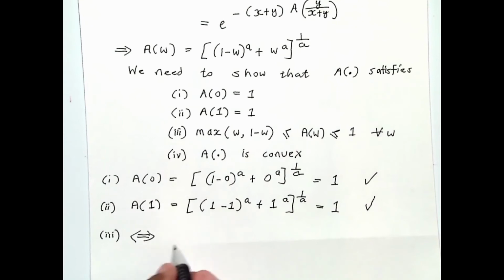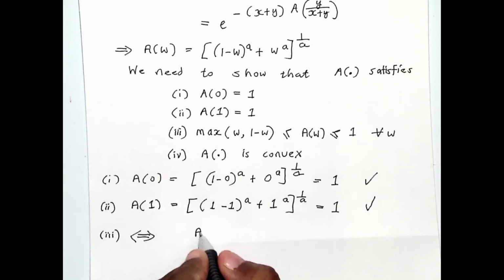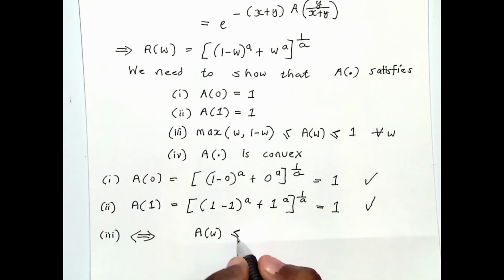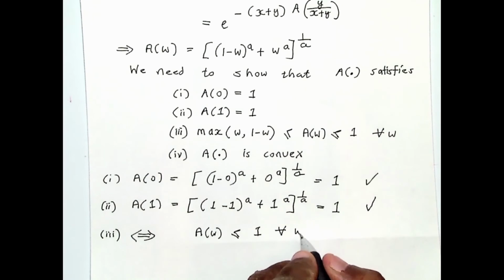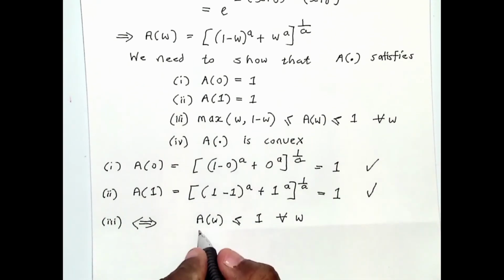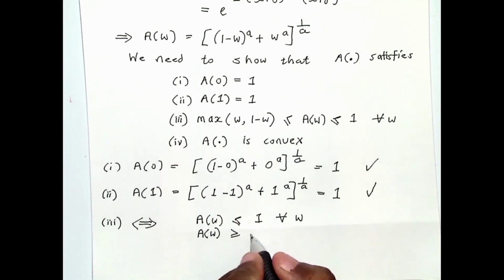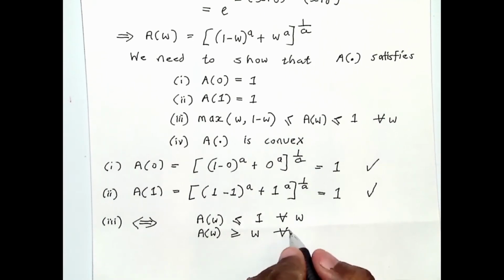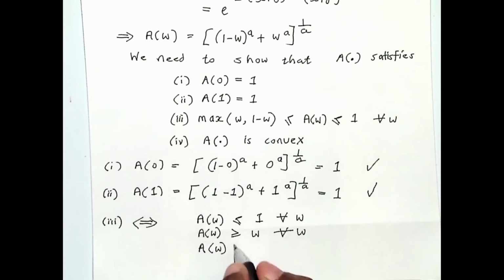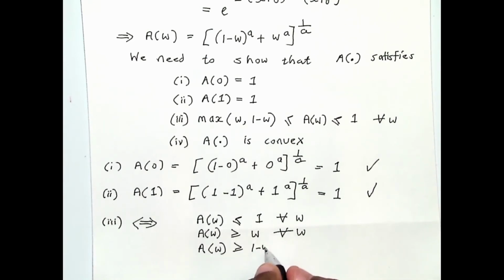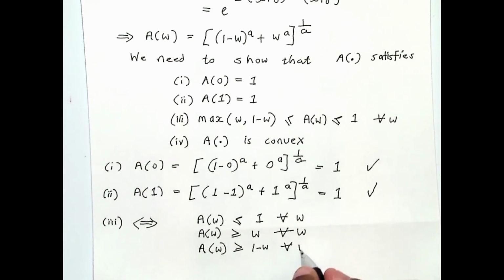Condition 3 is equivalent to the following, that a of w is less than or equal to 1 for all w, a of w is greater than or equal to w for all w, and a of w is greater than or equal to 1 minus w for all w.